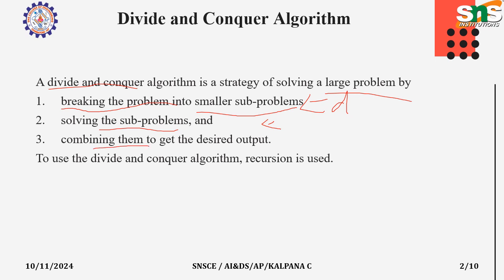Okay, so this is called divide and conquer. We divide the problem, solve the subproblems, then combine all the solved subproblems. So this is the technique we are going to follow. This is the algorithm for divide and conquer.